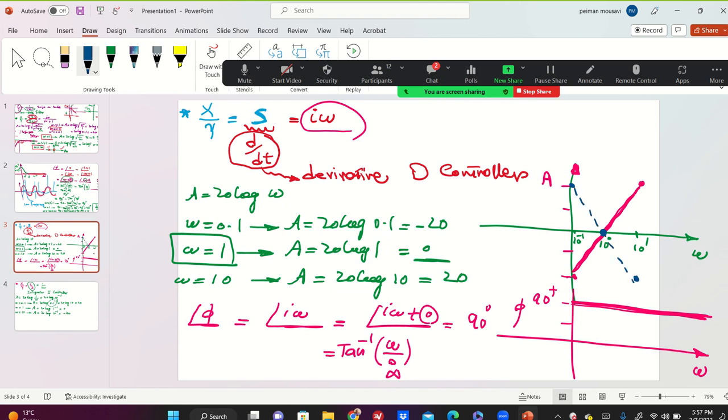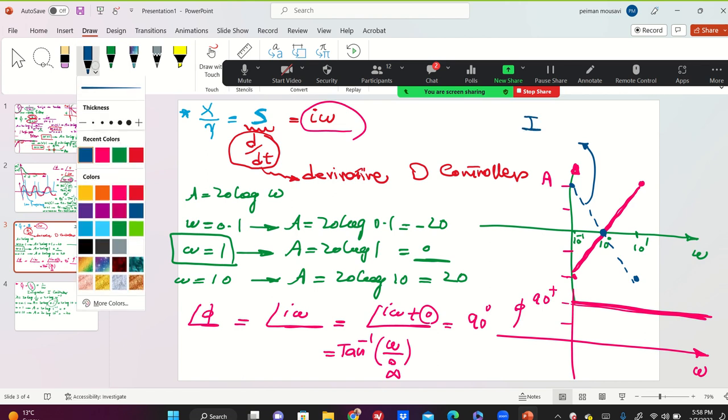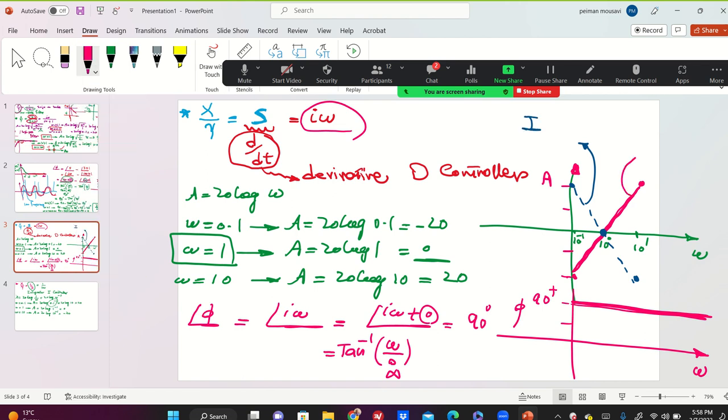See? This is just symmetry with respect to the y axis, right? So this is for the I term. This is for the D term, Bode plot. I'm just comparing.